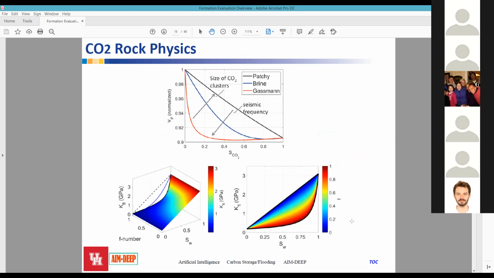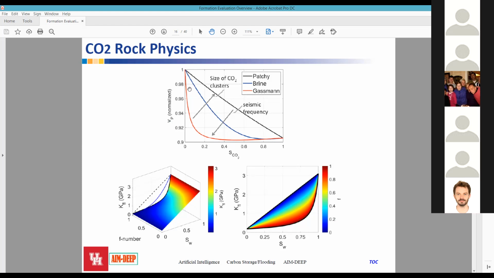So just back to see the main changes happening in the seismic domain in terms of the seismic velocities. I have one slide here just to quickly show the effect of increasing the CO2 saturation from left to right. If you see the top chart here, the CO2 saturation starts from 0 and goes all the way to 100%.